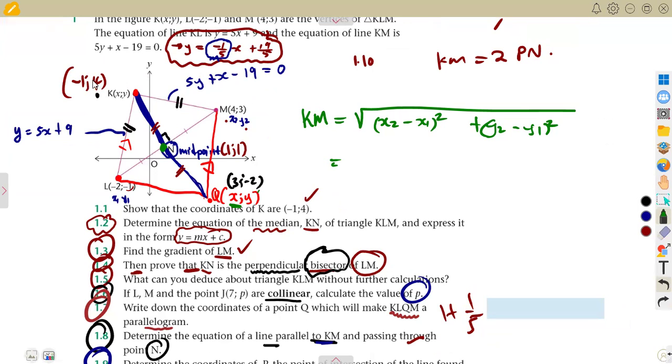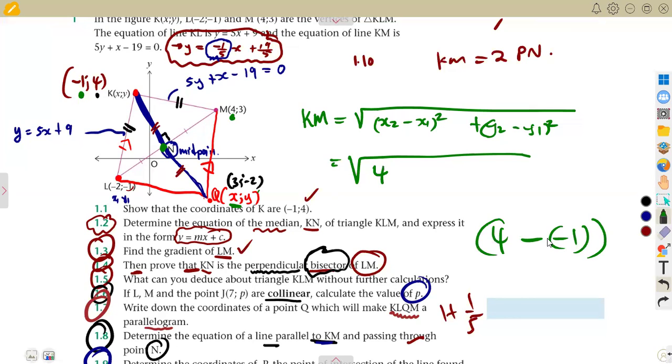It's your choice which one is x2. Here it's 4 minus 1, so it's the square root of 4 plus 1 squared, since a minus and a minus gives a plus, plus y2 minus y1.